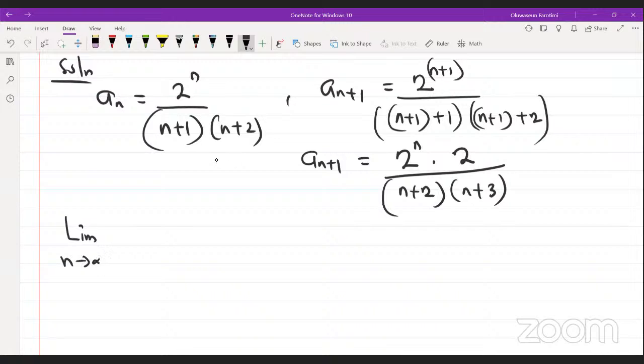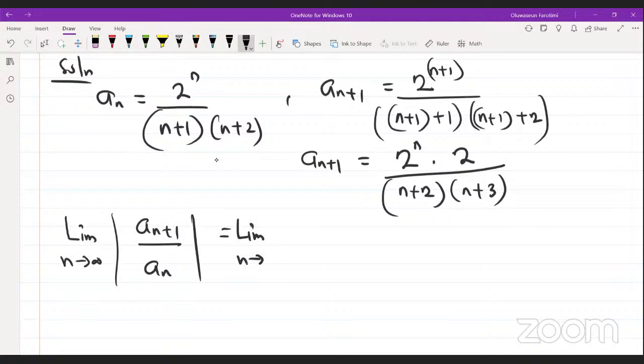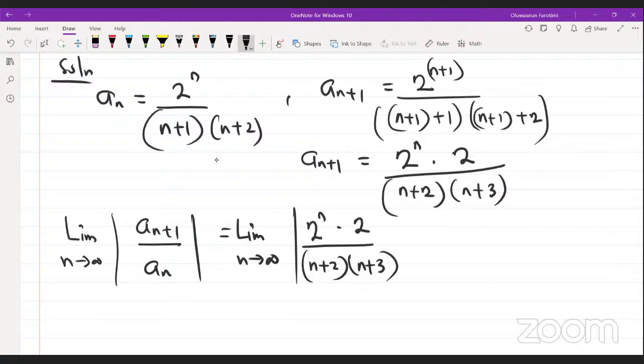So now I'm going to get down to the limit itself. Limit as n goes large, put your absolute value, a_n plus 1 over a_n. It's 2 to the power of n times 2, all divided by n plus 2, n plus 3.